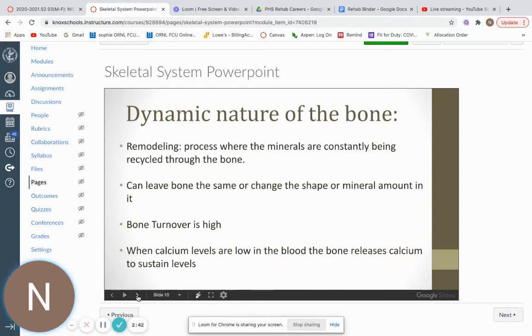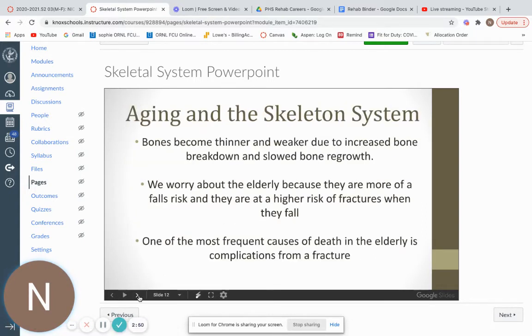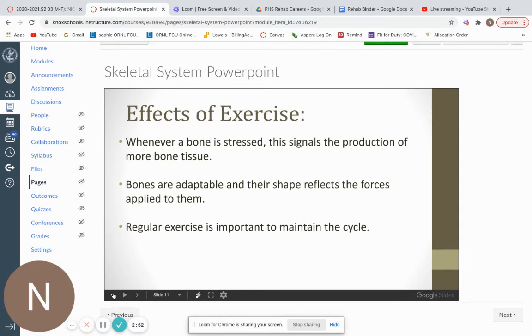Remodeling is a process where the minerals are constantly being recycled through the bone. So basically, you have cells called osteoblast and then osteoclast. Osteoblasts are what's called the bone makers, and they make new bone tissue.